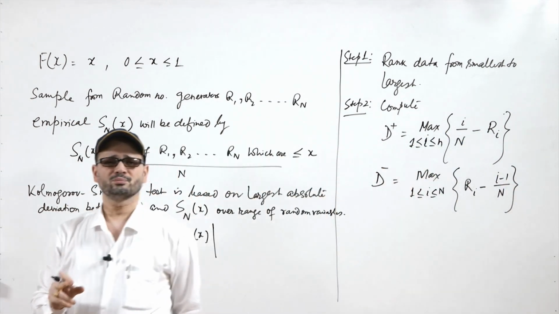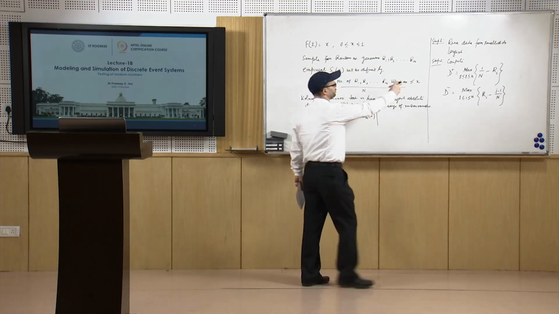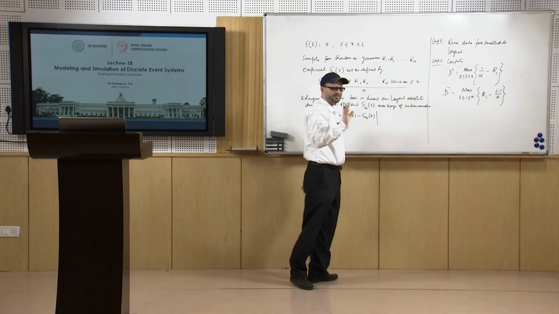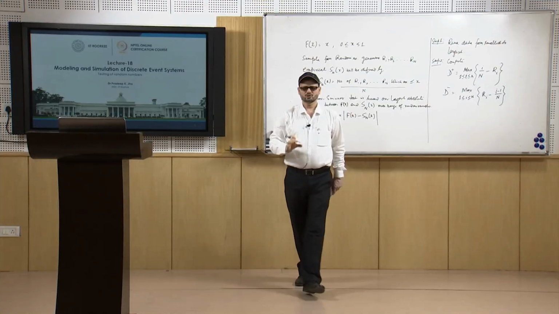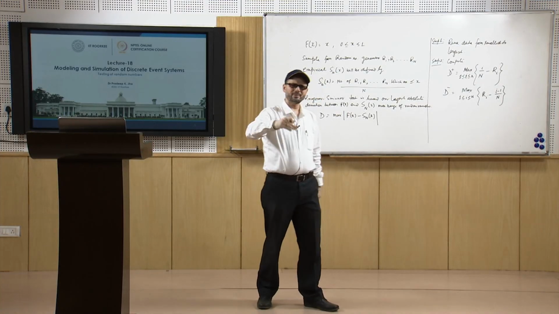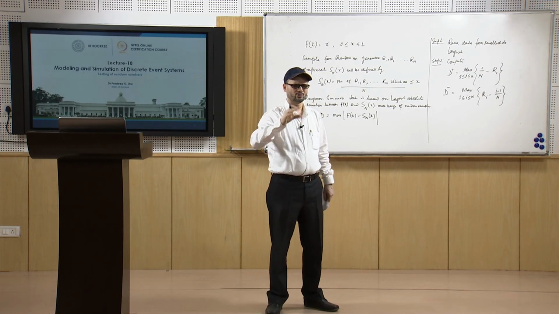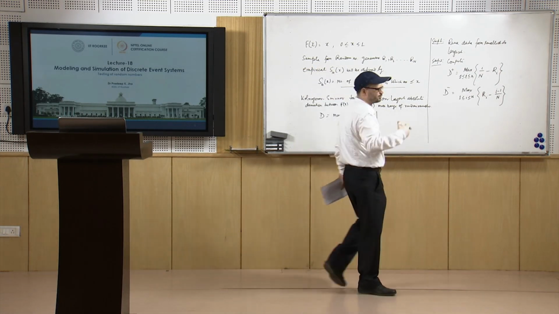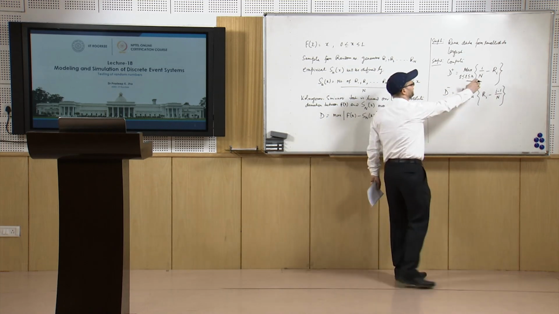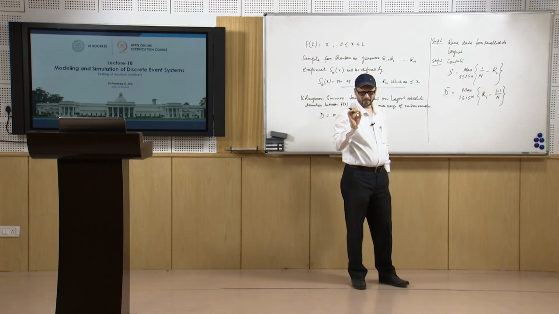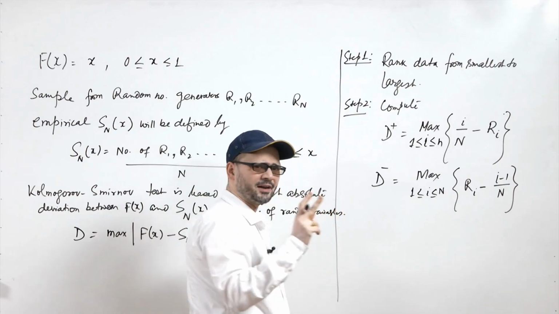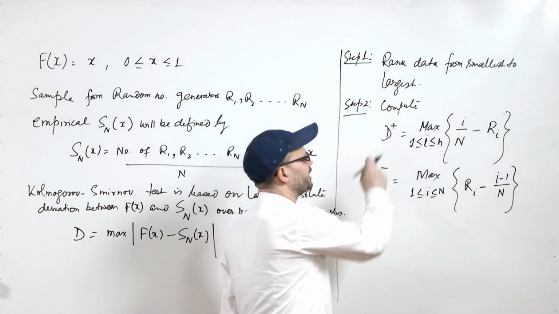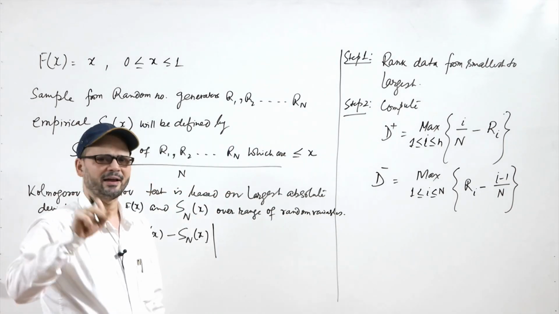So, these two parameters you are going to find. i will vary from 1 to n. So, you will be given a certain number of values, like you are given 10 values. In that case, the capital N is 10. Now, i will start from 1 to 10. So, for every number you are calculating d plus as well as d minus.